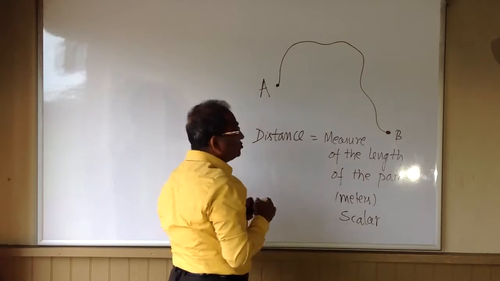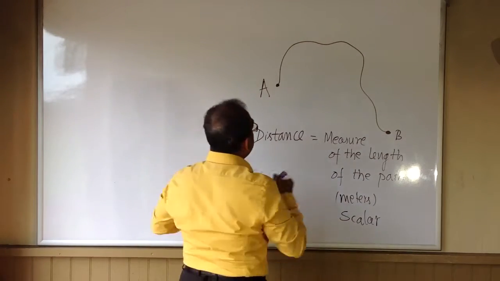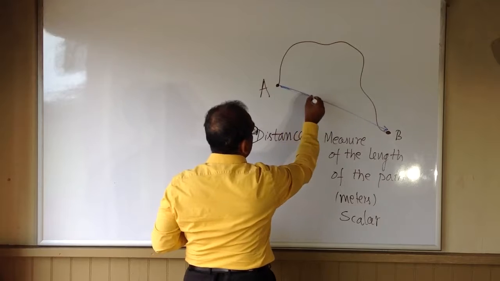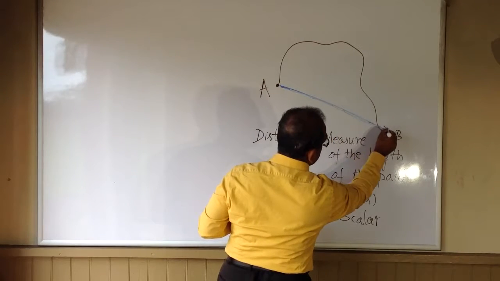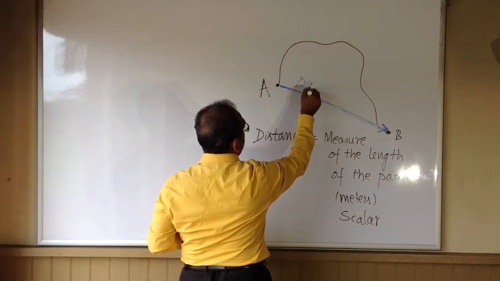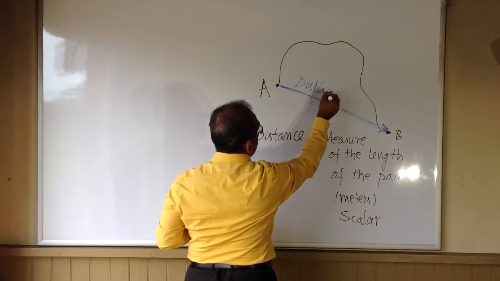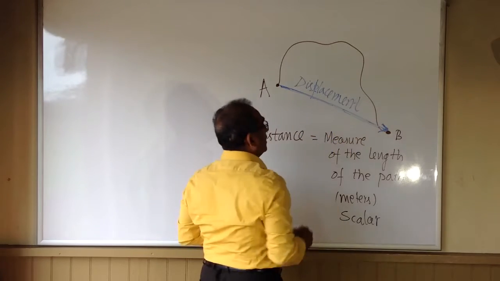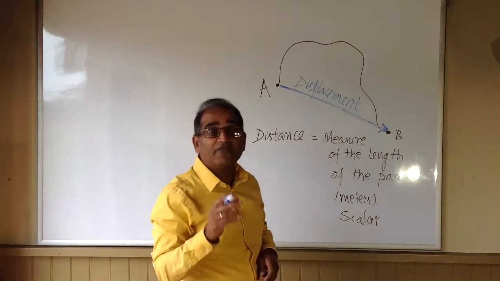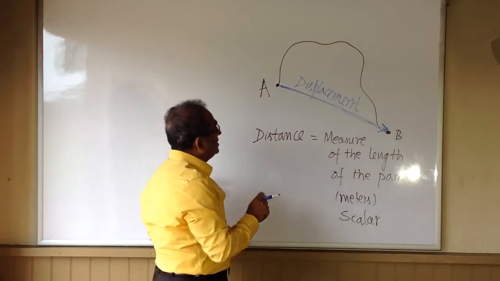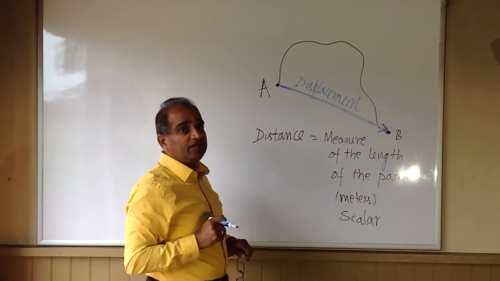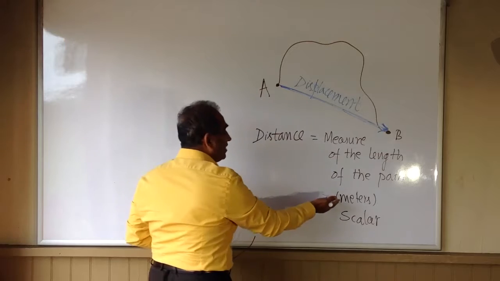But if you join point A with point B with an arrow mark like this, this particular line with the arrow mark is called displacement. You know that a line like this with the arrowhead is called a vector quantity. So displacement is a vector quantity, and it is also measured in meters.